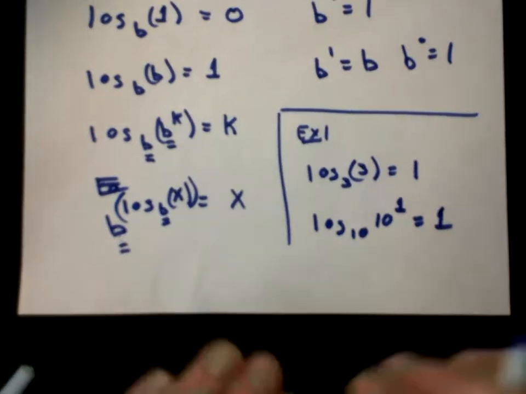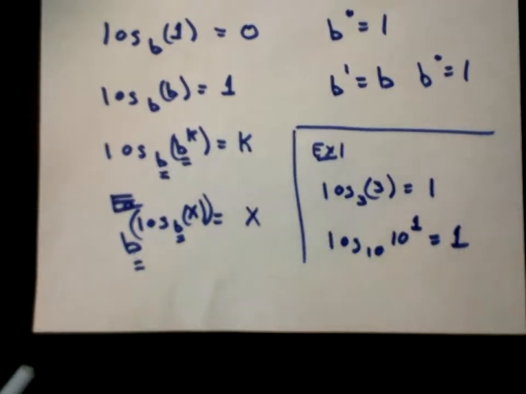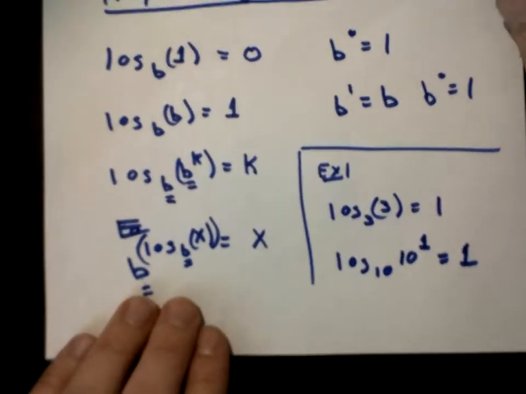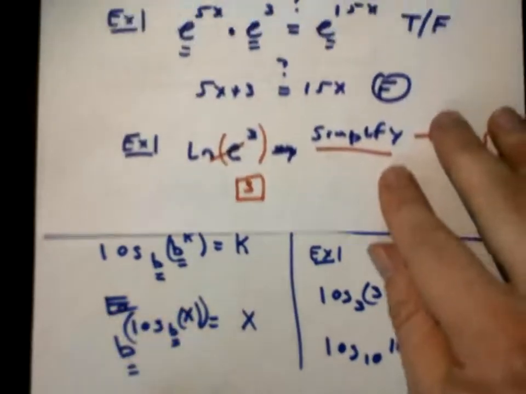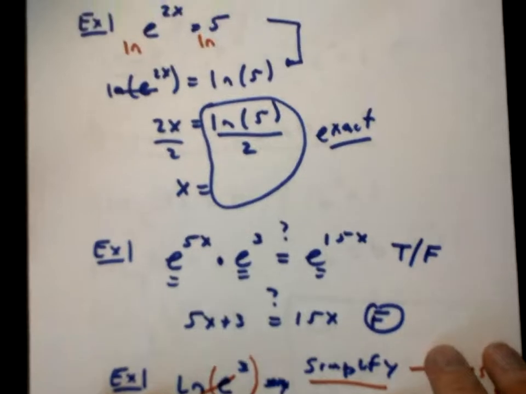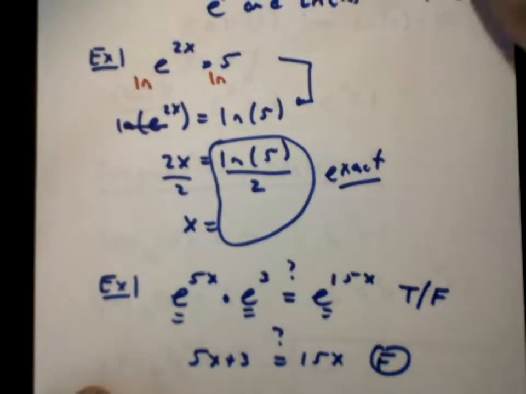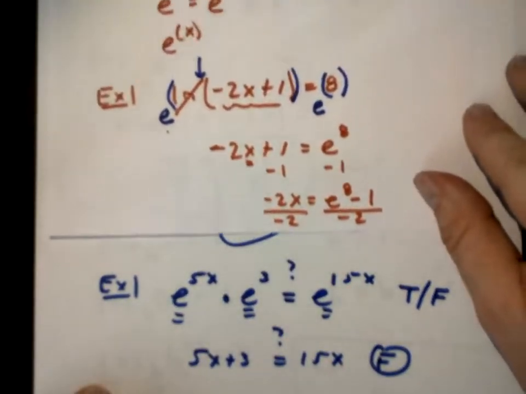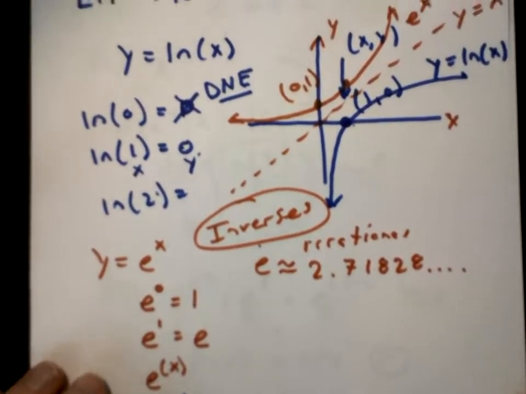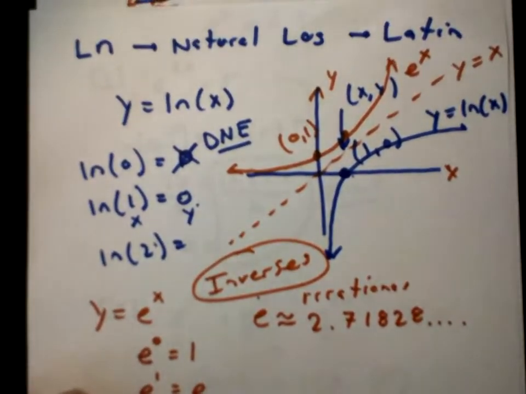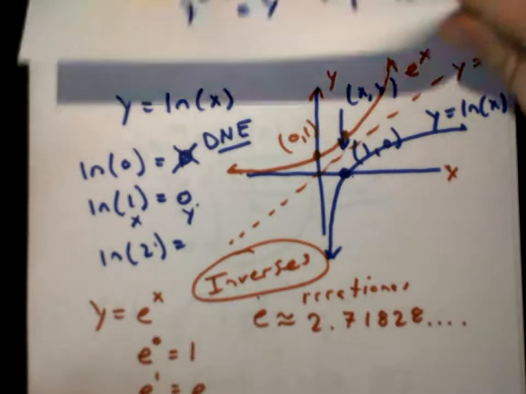Okay. Well, that's just a couple of examples to make this a little bit easier to comprehend. I'm hoping that this video worked out for you, but we will continue with more properties and some properties of exponents. As you can see, there's a lot in this, and you really need to know the inverses and the natural logs of all this because it makes a lot more sense.